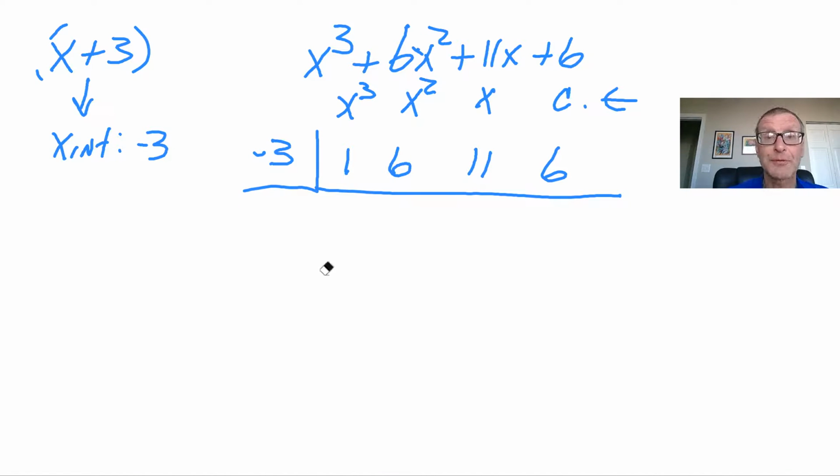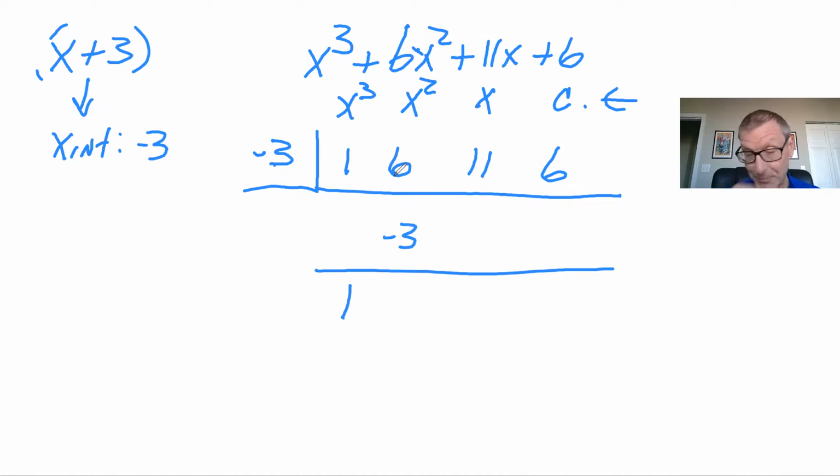The way this works is that you always bring down the first coefficient. What's really nice about this is it'll be 1 times minus 3. You put that right there, and then you add the columns. So much less tedious, right? Once you have it set up, it goes pretty quick. 6 minus 3 is 3. 3 times minus 3 is minus 9. 11 and minus 9 is 2. Then 2 times minus 3 is minus 6.